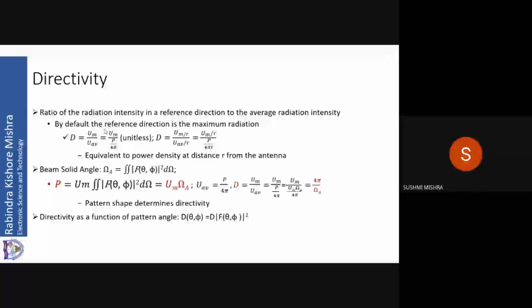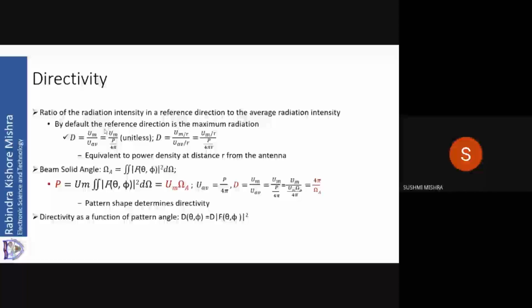UAV we found to be P upon 4 pi. So D is equal to UM upon R divided by P upon 4 pi R, which is equivalent to power density at a distance R from the antenna. So this is another definition for the directivity.